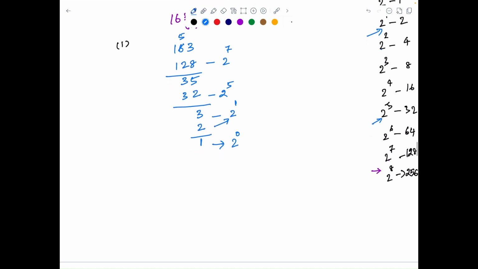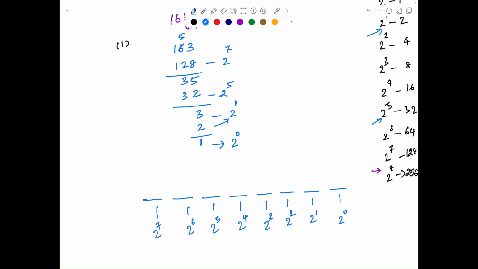So let's draw this and place these values. This is an 8-bit system. It starts from 2 power 0, 2 power 1, 2 power 2, 2 power 3, 2 power 4, 2 power 5, 2 power 6, and then 2 power 7.